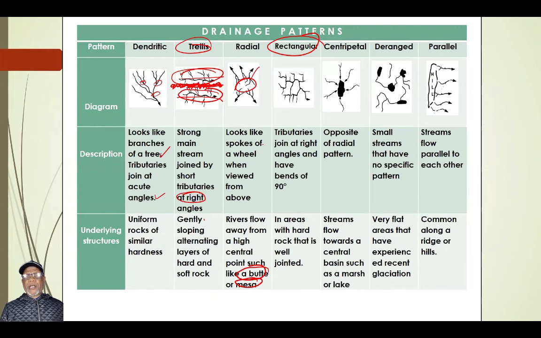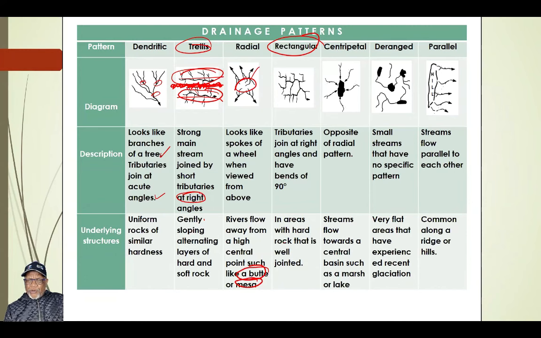But now we're looking at the characteristics of the rectangular pattern. The mainstreams also have a 90 degrees bend. The mainstreams bend at 90 degrees, and the tributaries also join the mainstream at 90 degrees.